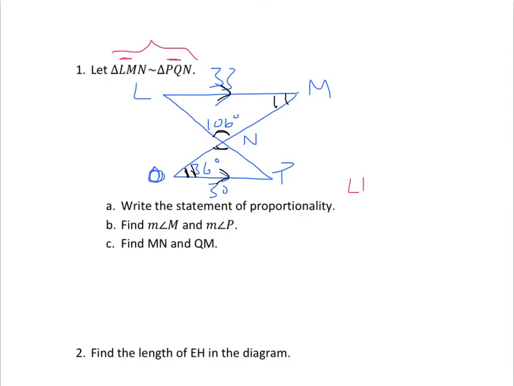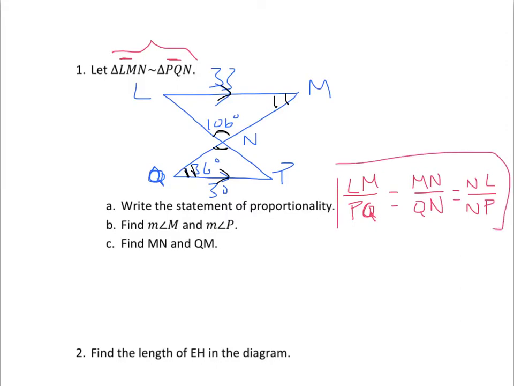So that tells me that LM over PQ, oh sorry, that's not supposed to be an O, that's supposed to be a Q, is going to be our first part of the scale factor, our first ratio. Then we've got MN over QN. And lastly, NL over NP. Okay? This is the statement of proportionality. These are all the proportional sides for this set of triangles.